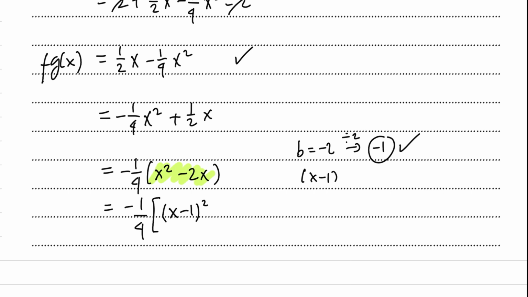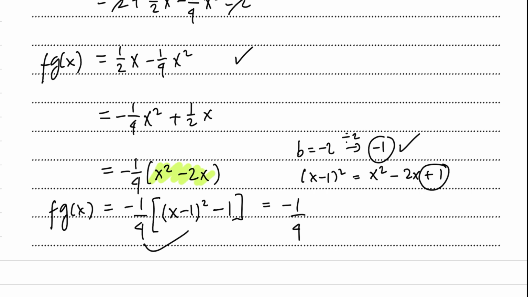And then we expand. We will get x squared minus 2x plus 1. So we have an extra plus 1. We don't have plus 1 here. So that means we need to minus 1 here. So your function will become minus 1 over 4, we expand times the bracket, and then minus 1 over 4 times minus 1 becomes plus 1 over 4.